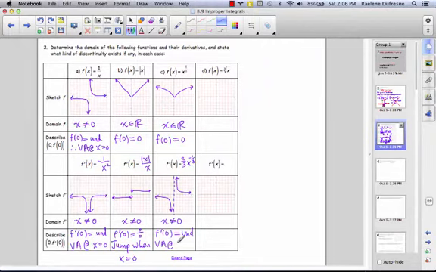And lastly, we have the cube root of x. This is the inverse of the x cubed function, and it is a classic example of a vertical tangent at the origin. The domain is all reals. F of 0 is equal to 0, but the derivative function is 1/3 x to the -2/3, which is going to be a vertical asymptote at x equal to 0, which is our domain restriction.